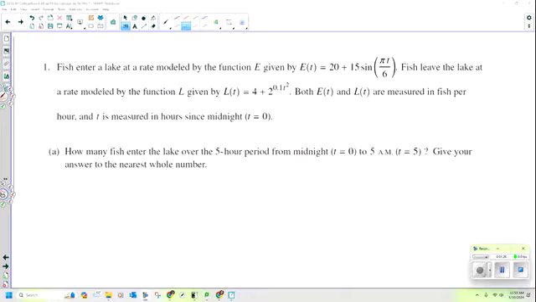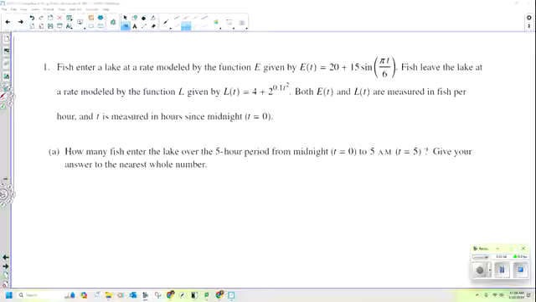Problem 1 states, fish enter a lake at a rate modeled by the function E, given by E of t equals 20 plus 15 sine of pi times t over 6. Fish then leave the lake at a rate modeled by the function L, given by L of t equals 4 plus 2 raised to the 0.1 t squared.